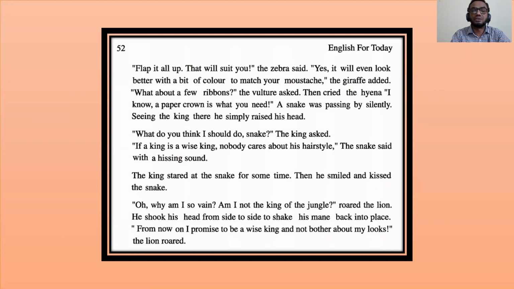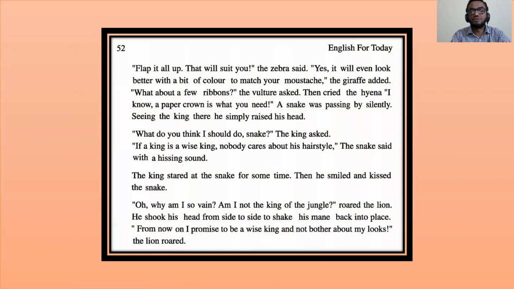The king asked. If a king is a wise king, nobody cares about his hairstyle, the snake said with a hissing sound. The king stared at the snake for some time, then he smiled and kissed the snake. Oh, why am I so vain?